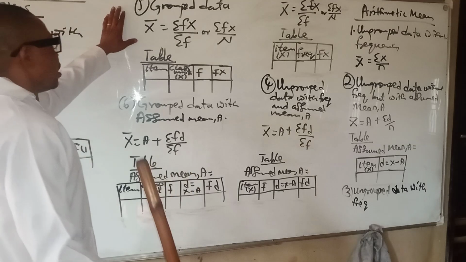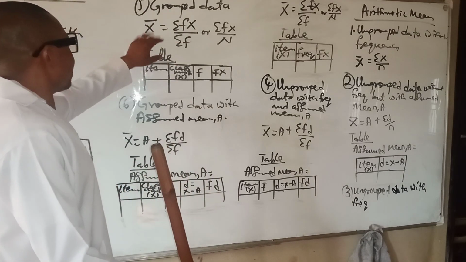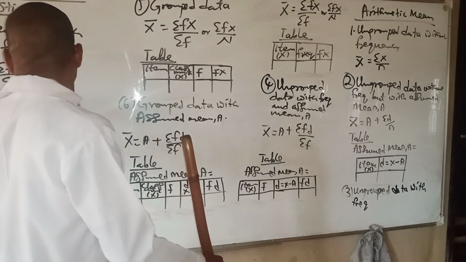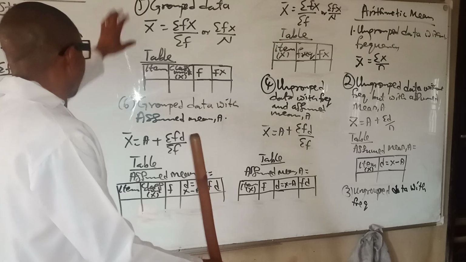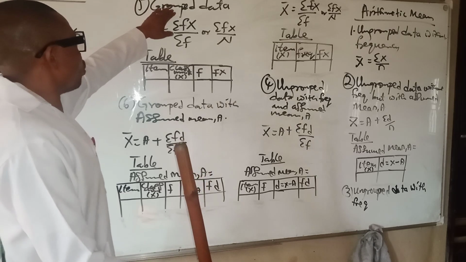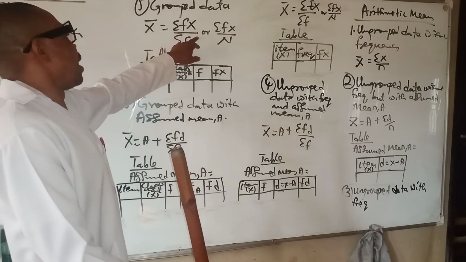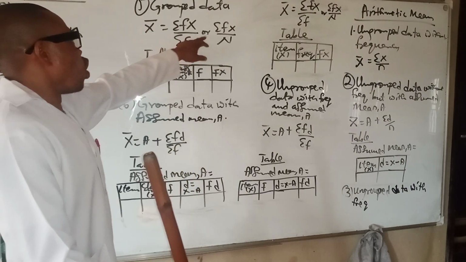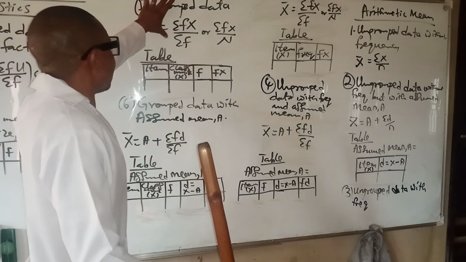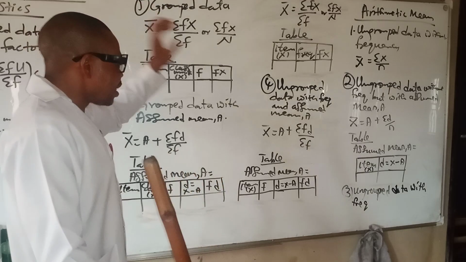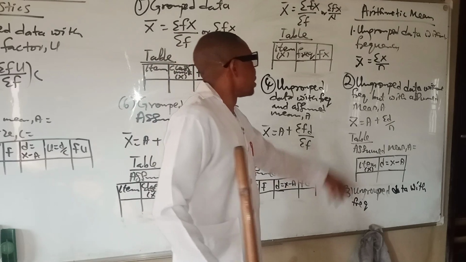Now, the fifth one is grouped data. Formulas 5, 6, and 7 talk about grouped data. Grouped data is calculated using x bar equals summation fx all over summation f, or summation fx over capital N. Notice that the formula for calculating grouped data is exactly the same as the formula for ungrouped data with frequency.